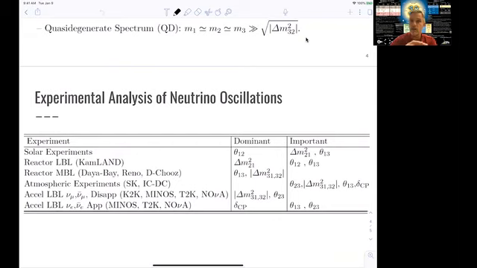In order to understand this, one has to go back to the first slide and understand what kind of information we extract from various neutrino experiments, for example the solar neutrino experiments, and then think about whether it is sensitive to oscillations between the first and the second generation, or the first and the third generation. That's the mapping you have to do in order to understand this table fully.